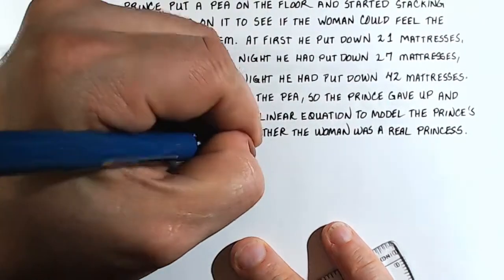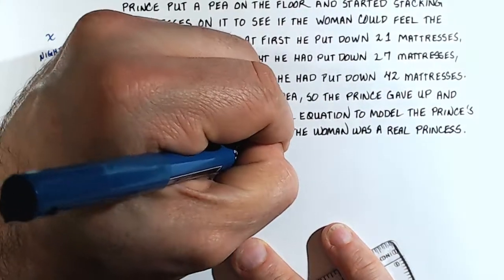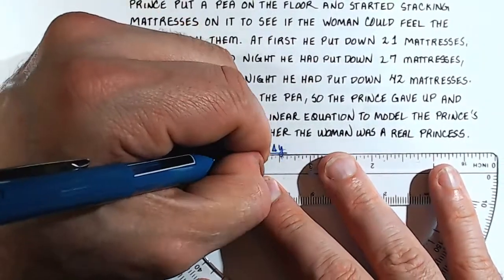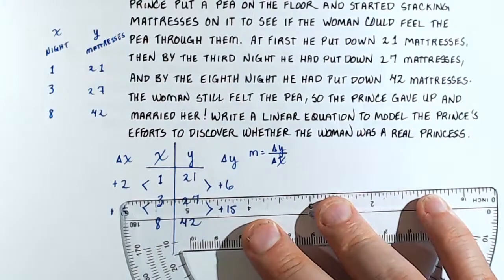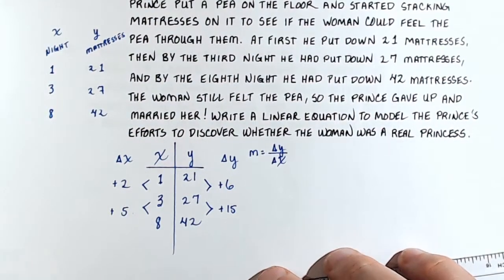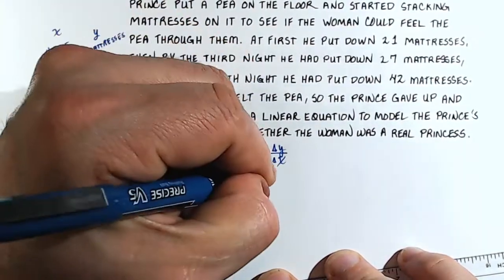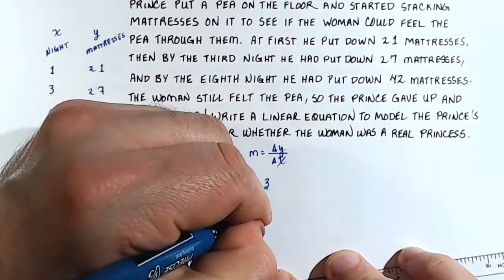Now I compute M equals the change in Y over the change in X. Okay? So we'll compute Y over X, 6 over 2, well, that's just 3. 15 over 5, well, that's just 3.